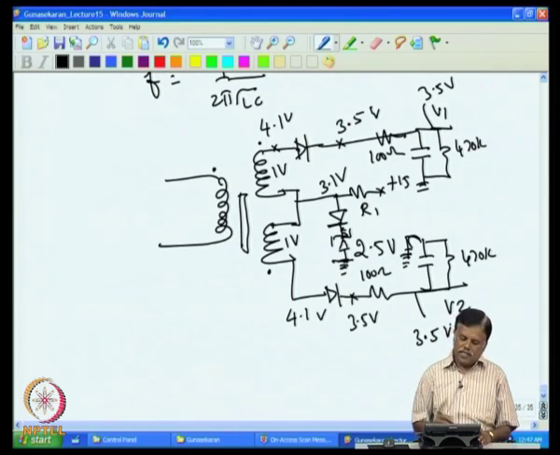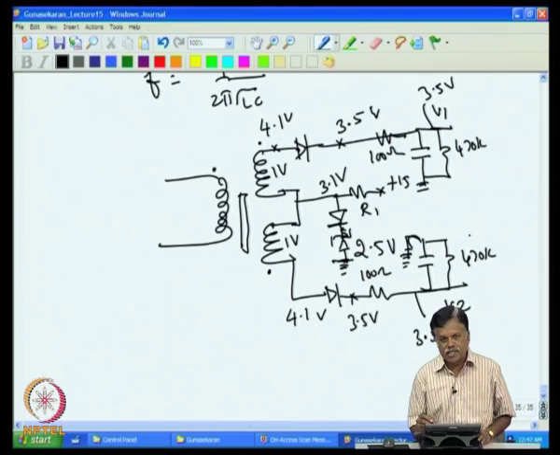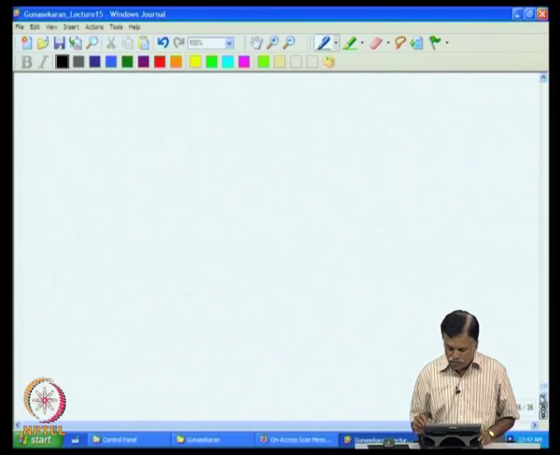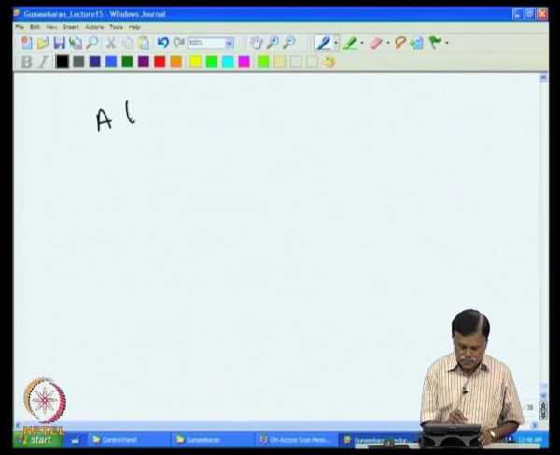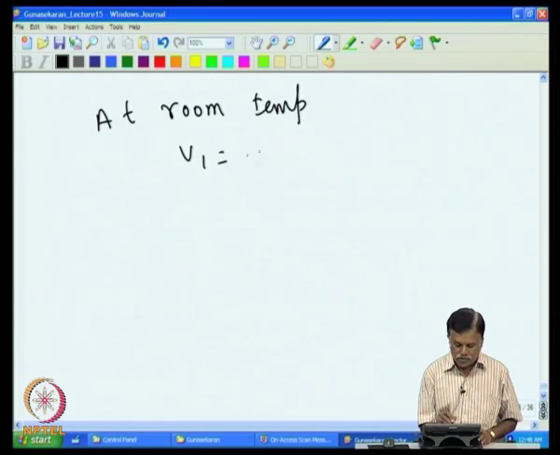So, what you got is 3.5 here, 3.5 here corresponding to 1 volt and 1 volt here. This is at room temperature. So, at room temperature, V1 is equal to 3.5 volt, V2 is equal to 3.5 volt.